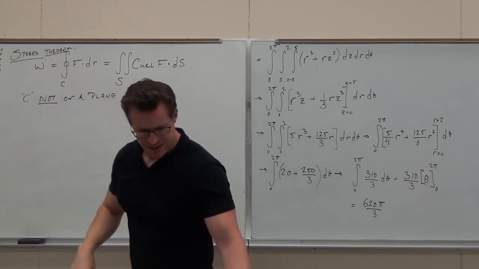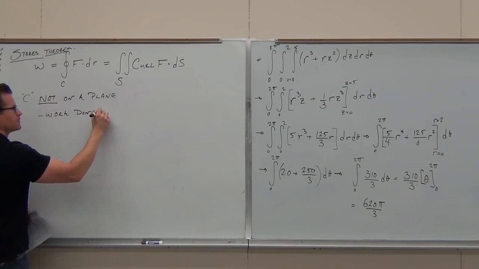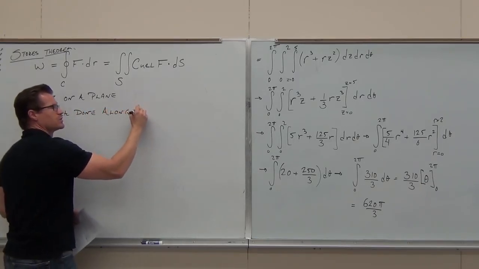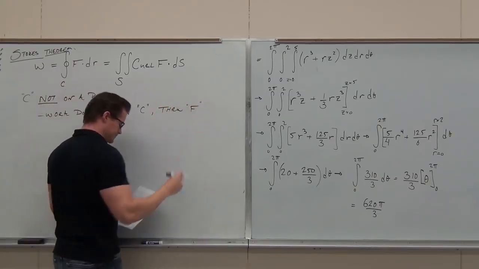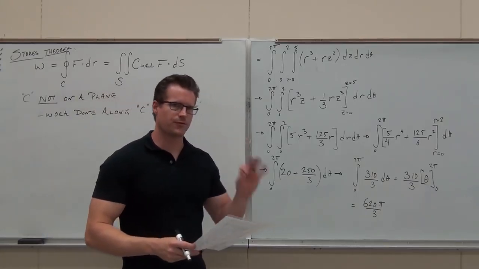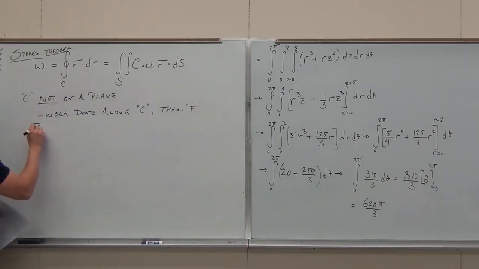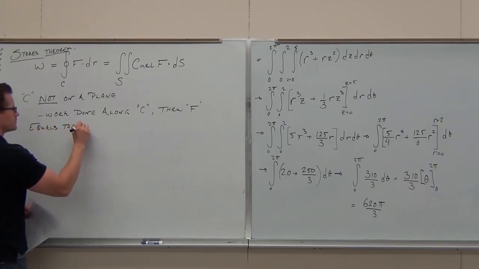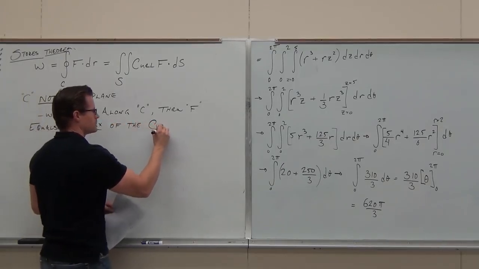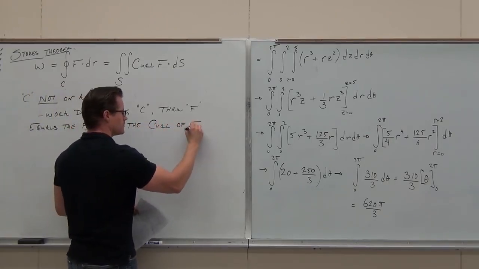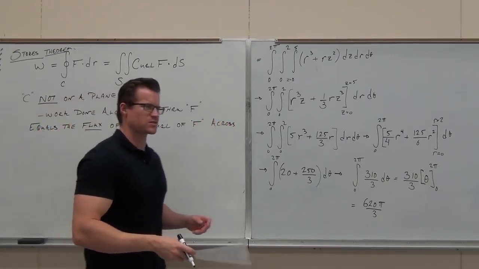So, it says this. It says that work done along our simple closed curve C through the vector field F equals the flux of the curl of our vector field across what?